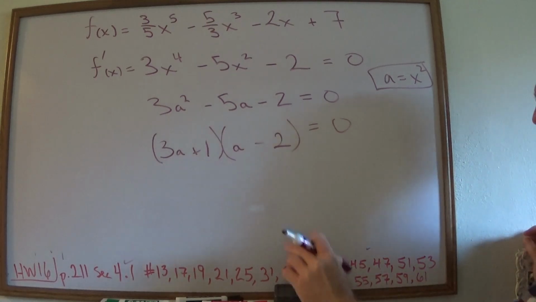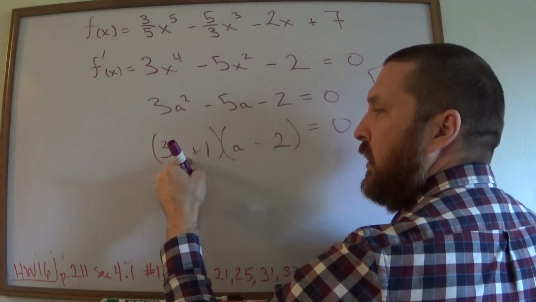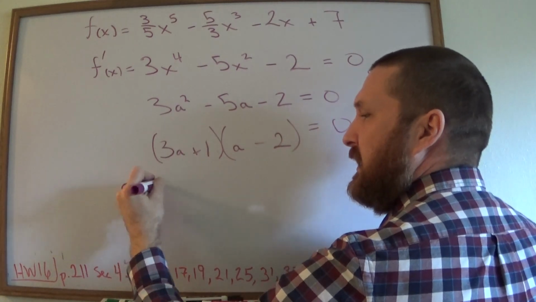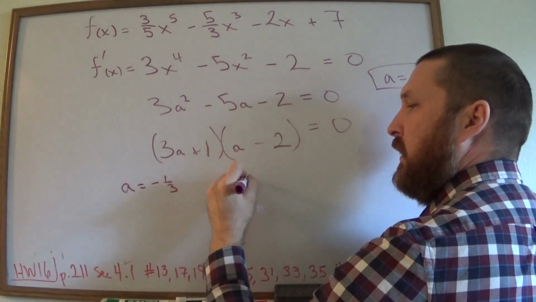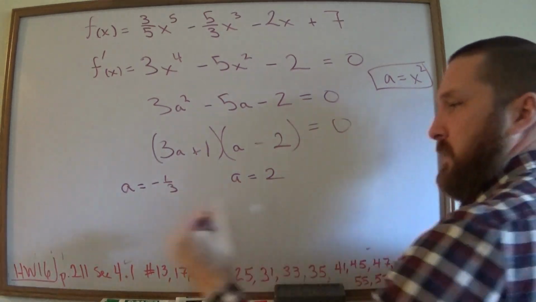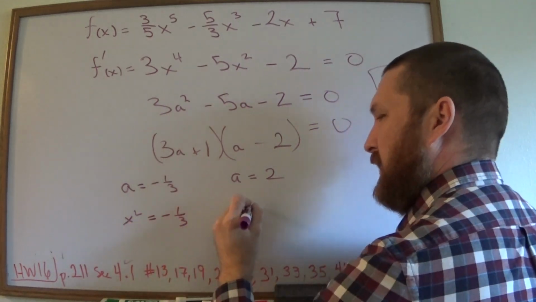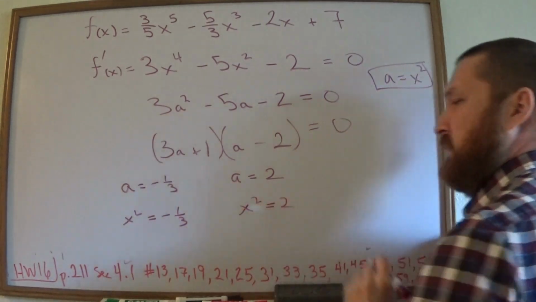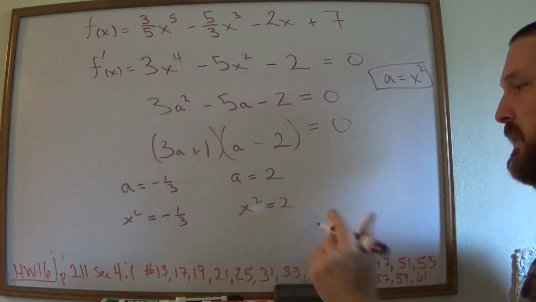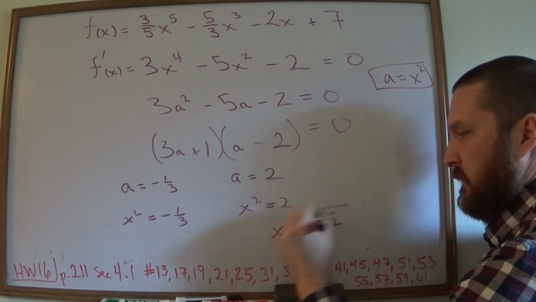And so, what does that mean? Now this gives us two equations that we need to solve. A equals negative 1/3, or a equals positive 2. But a was x squared. So x squared is equal to negative 1/3, and x squared is equal to 2, which now gives me x equals plus or minus square root 2.